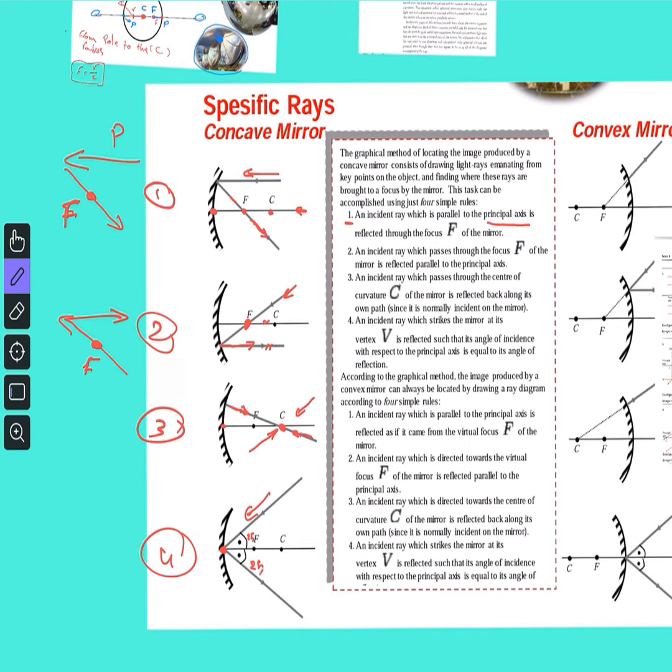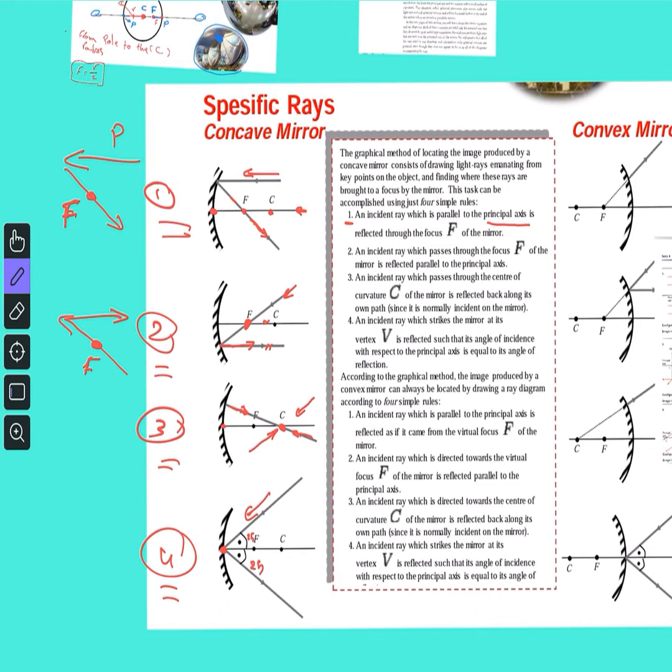If you remember, we said we have 4 specific rays for a concave mirror. We're going to have 4 specific rays for a convex mirror too, which I will explain later in another video. We will combine these 4 rules, 1, 2, 3, and 4, all in one image, for one object.